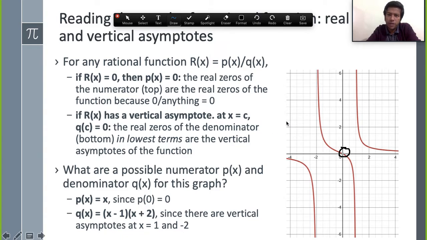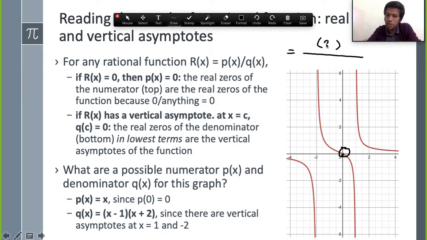If a rational function is given that we do not know, from where will we get this x-intercept? We will get the x-intercept from our numerator. In this case, the x-intercept is 0.